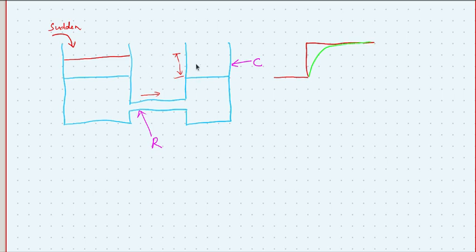And when the two levels are equal, then the water flow stops, and that's what we call another equilibrium is reached.